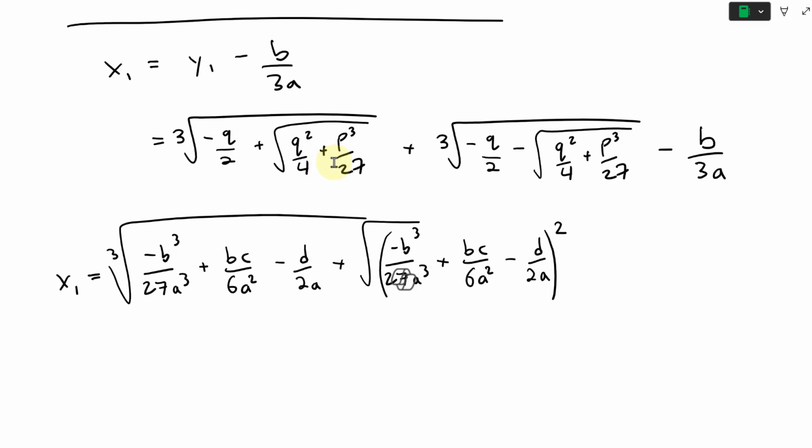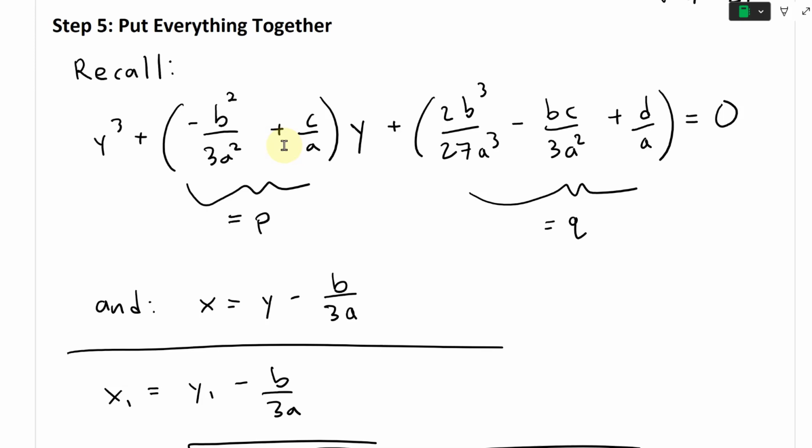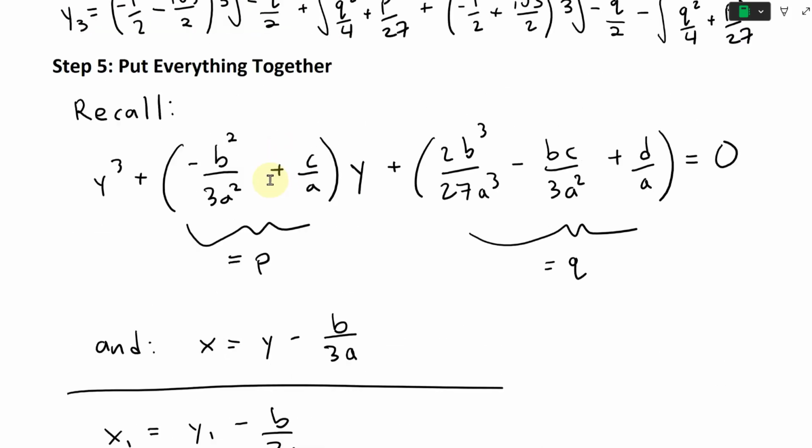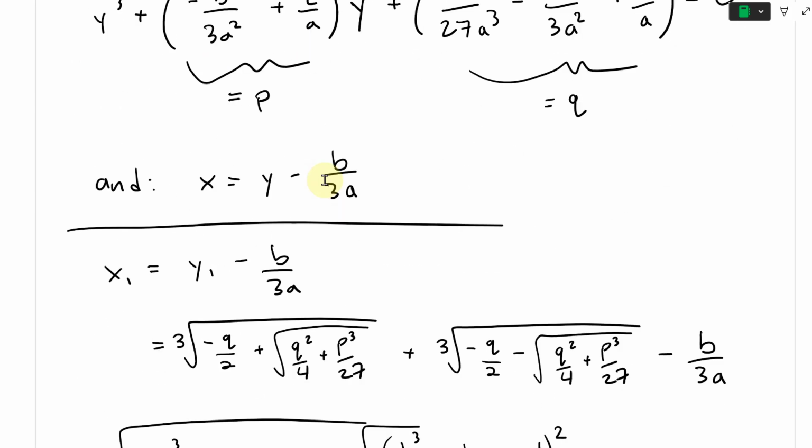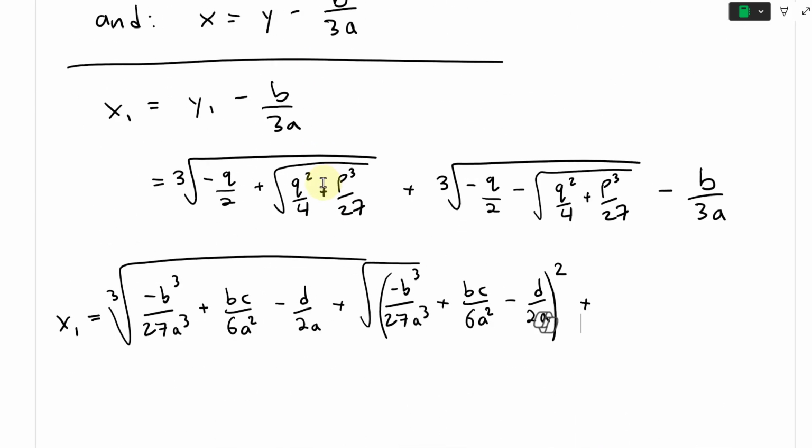And now that's going to be plus p cubed. So p cubed is this right here. I'll just write that down. So negative b squared over 3a, then plus c over a. So negative b squared over 3a squared.